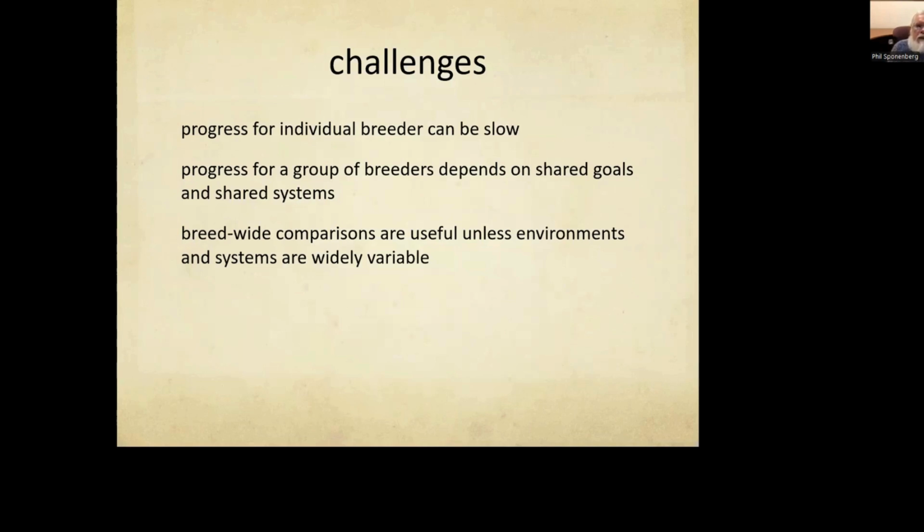So if you're crossing blackface, I'm assuming we're talking sheep, blackface sheep. I'm assuming so, yes. Usually with merinos or fine-wool sheep, then you're going to get a boost there just from the hybrid vigor.